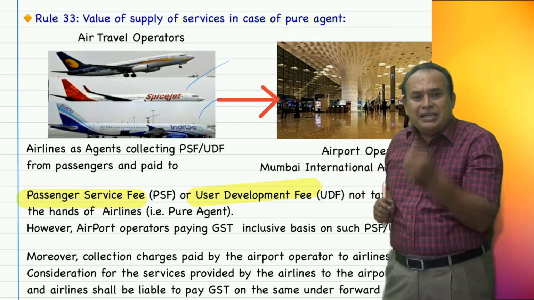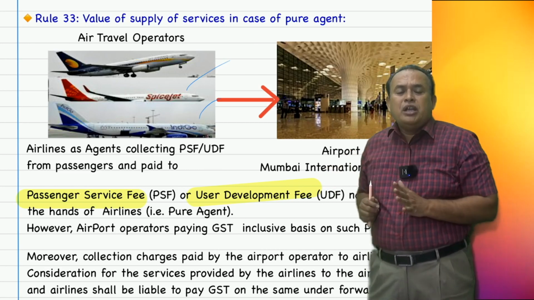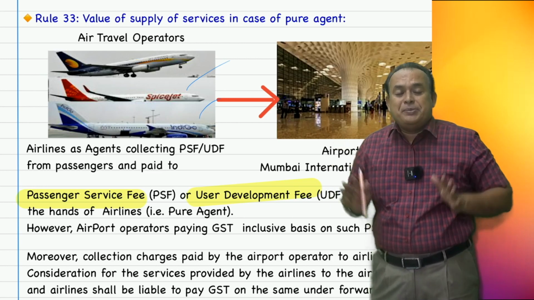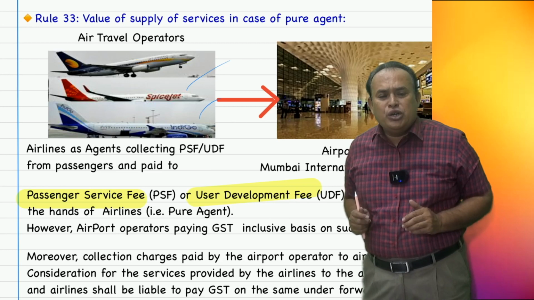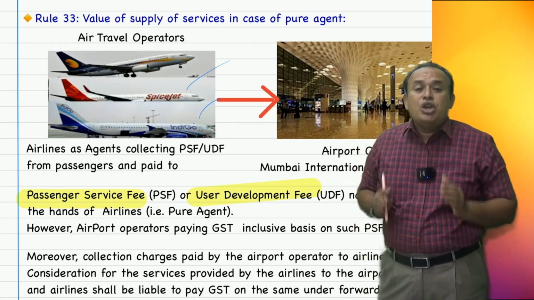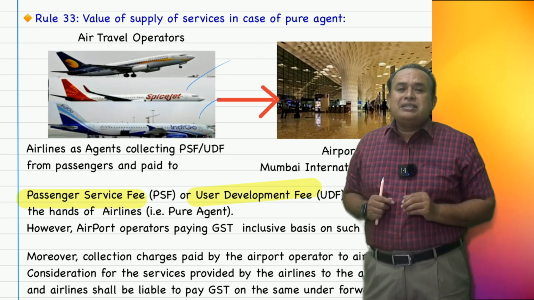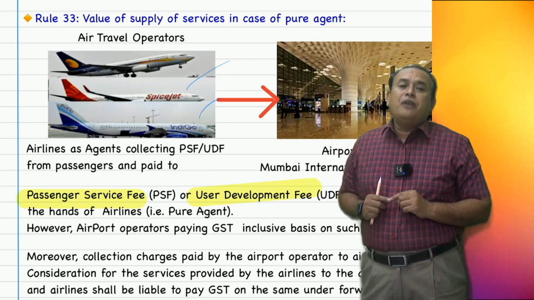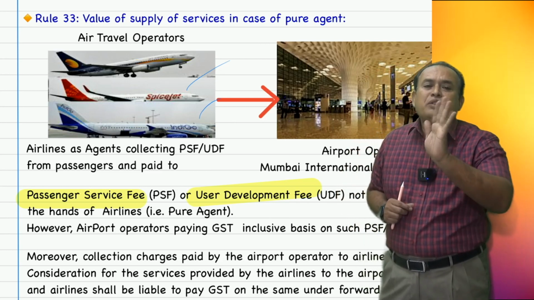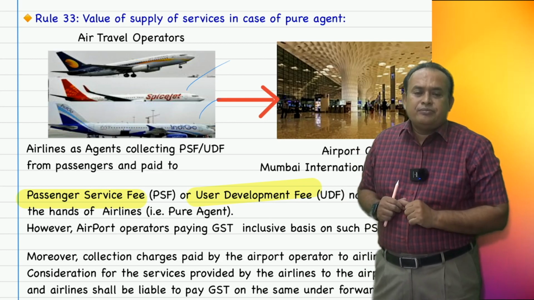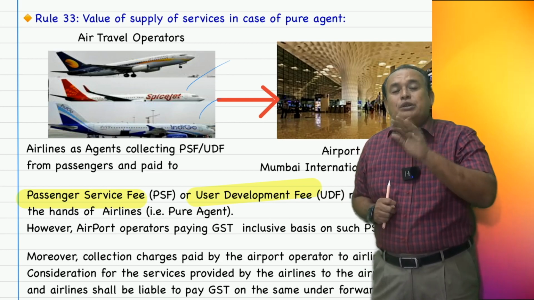For them we are collecting, and the same we are paying to them. So the clarification given by CBIC in the given case: hey, air travel operator, SpiceJet, Indigo, Lufthansa, when you collect the passenger service fee on behalf of your airport operator, it is not your consideration. Therefore, it is not addable in the value of your supply.